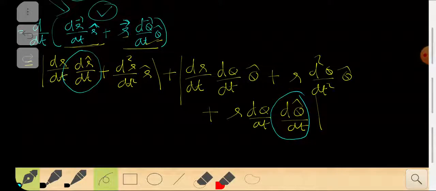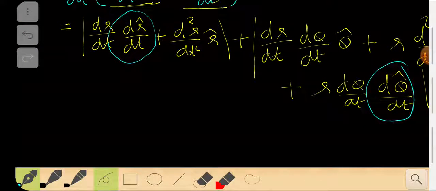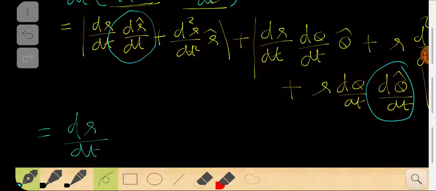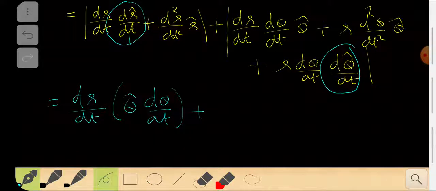This is lengthy, so be patient. It's not that complicated, it's just some differentiation. I'm going to substitute for dr cap by dt, which is just theta cap times d theta by dt. The rest of these things I'll write again, everything is the same, so I don't confuse you.